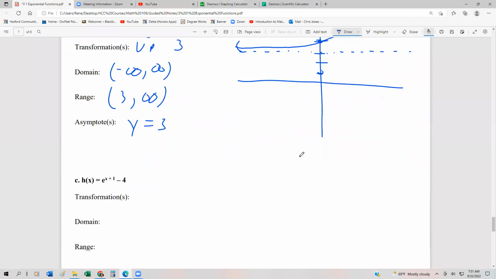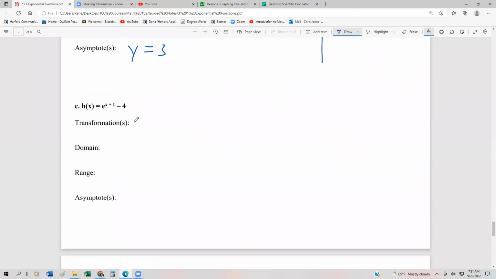All right. In this problem, we implement both a vertical as well as a horizontal transformation. The way I think about this, it looks like f of x plus 1, minus 4. So we're going to move left 1 unit because of the x plus 1, and then we're going to move down 4 units because of the negative 4.